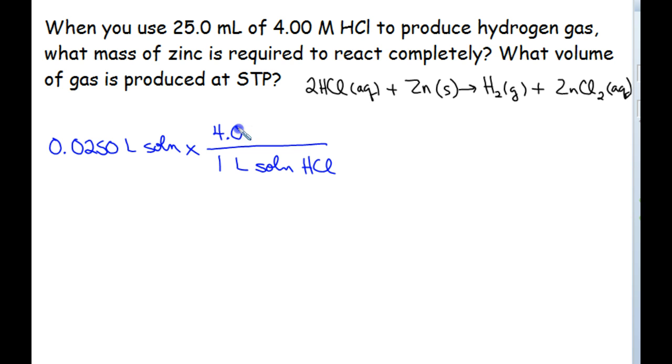So therefore it's 4.00 moles of HCl. Liters of solution cancel, and we are left with moles of hydrochloric acid. This is just a simple multiplication, 0.025 times 4, and you should get 0.1.